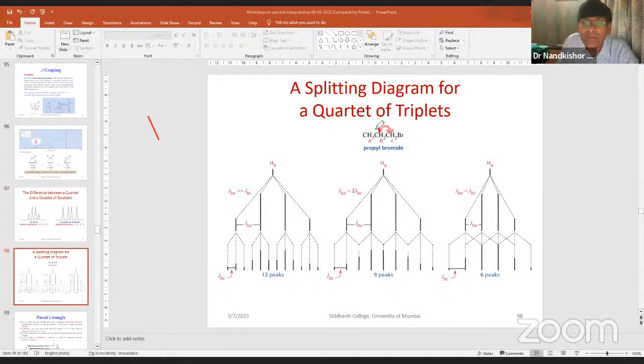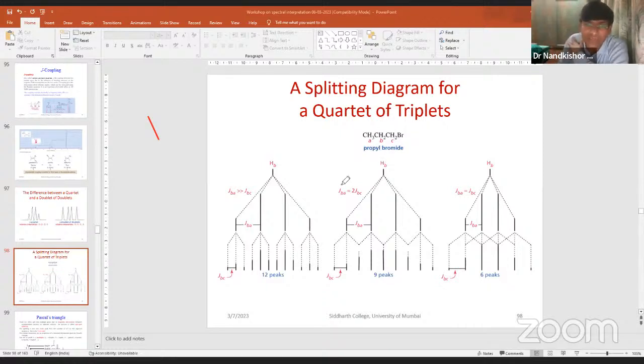That means it will give the quartet first, and then that quartet will split further into a triplet, 3 lines. So this is a quartet of triplet. That means it will give first 4 lines, and each of the 4 lines will split further into 3 lines.